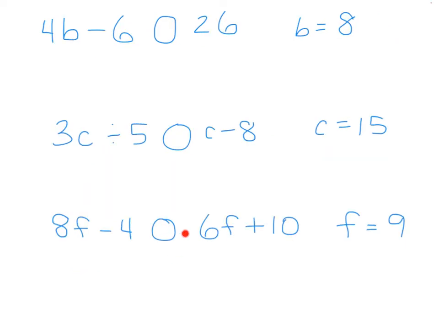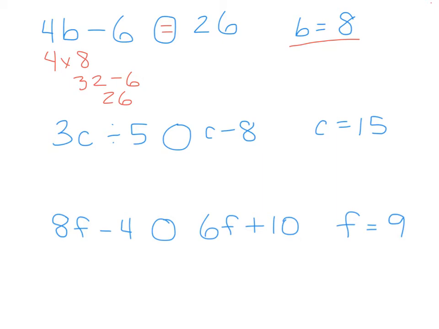Pause the video and decide what should go in the blank: less than, greater than, or equal to, given the value of the variables. In the first one, if I make b equal to 8, then 4 times 8 is 32. 32 minus 6 is 26, so 26 is equal to 26.